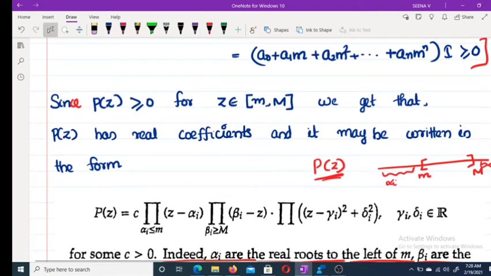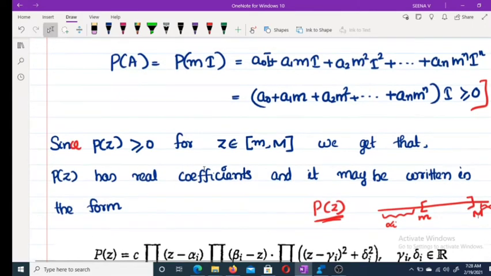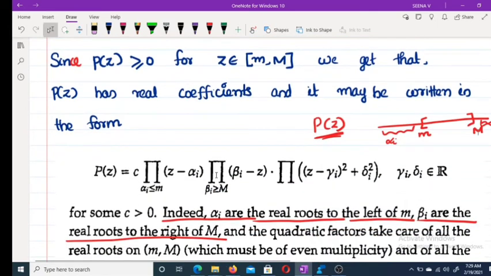Here P of z is a polynomial, and as P of z is greater than or equal to 0, P of z must have real coefficients. So we can write it like this. If we factorize this, roots alpha I are less than m, and beta I are greater than M. So in this part we write the polynomial as z minus alpha I, and in this part we write beta I minus z.